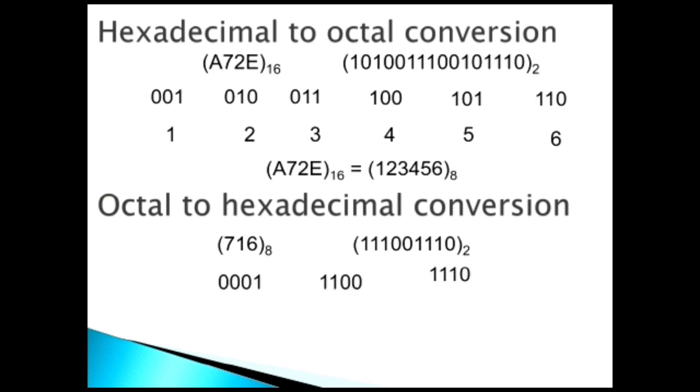In this case, 3 sets are formed, and these sets are represented according to their hexadecimal form, and this is the solution of this example. Now 716 in octal form is converted into 1CE in hexadecimal form.